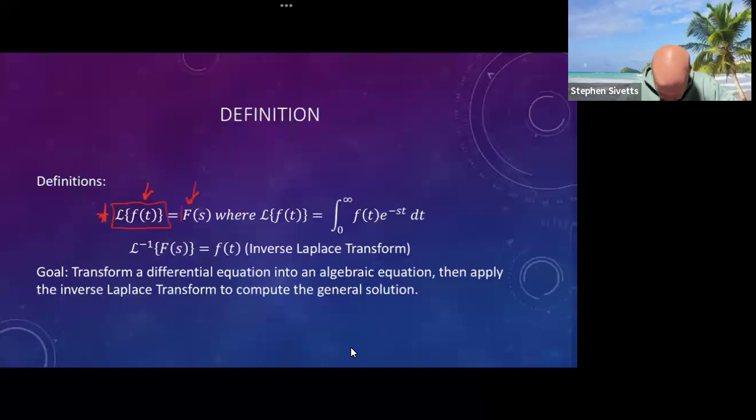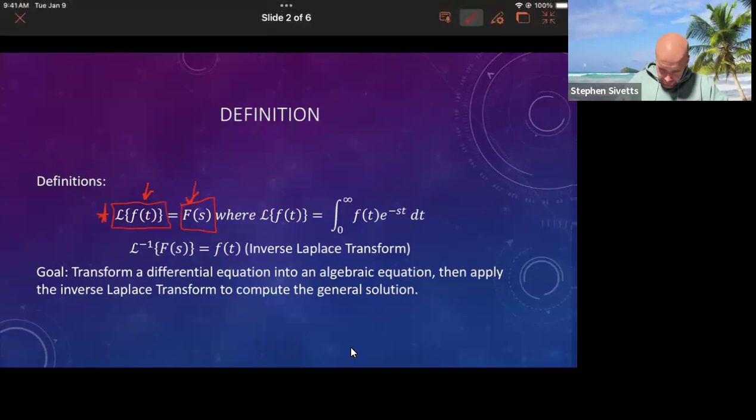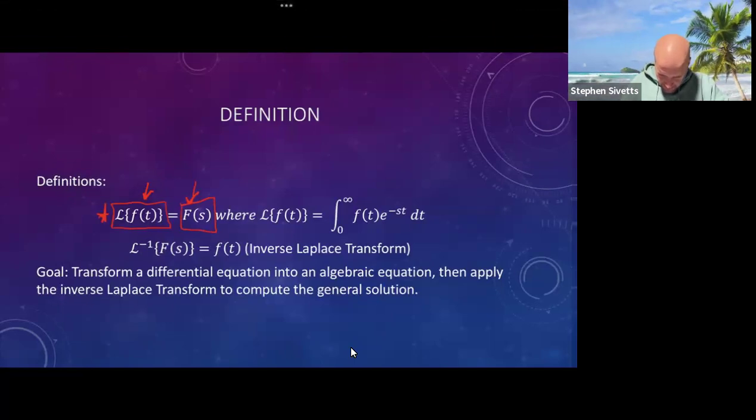And its output would be a function in terms of another variable. They call it s, where the Laplace transform is equal to an improper integral like this, okay? And then just for future reference, this is how you would define the inverse Laplace transform, okay?